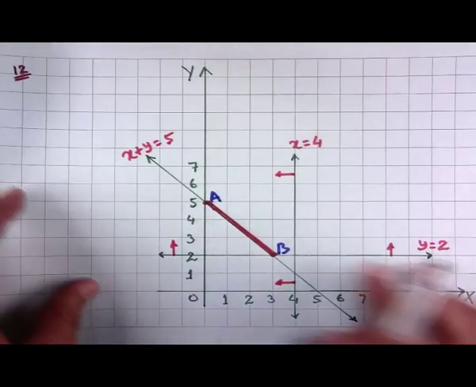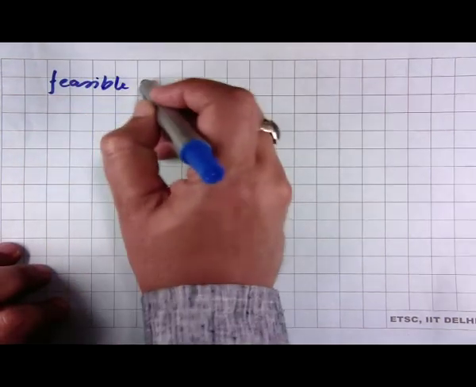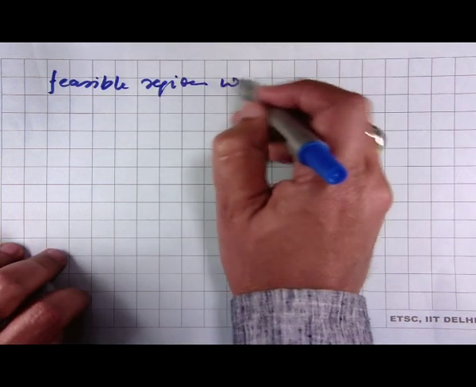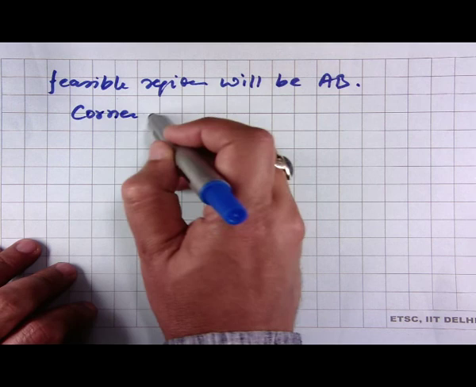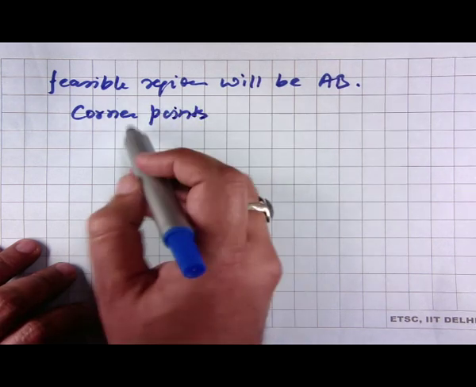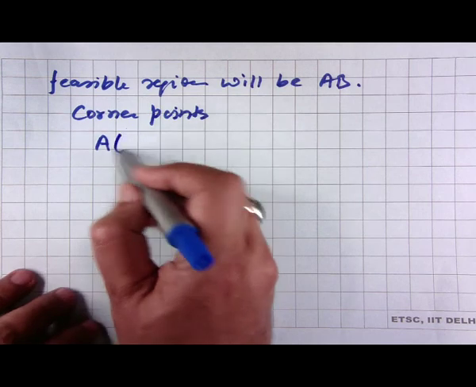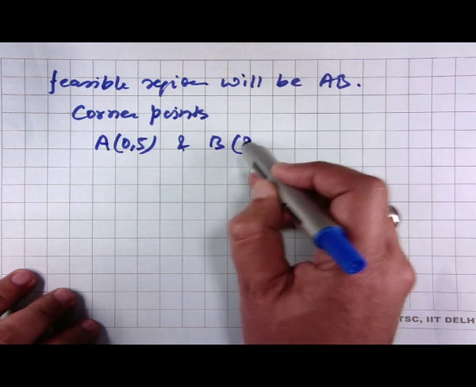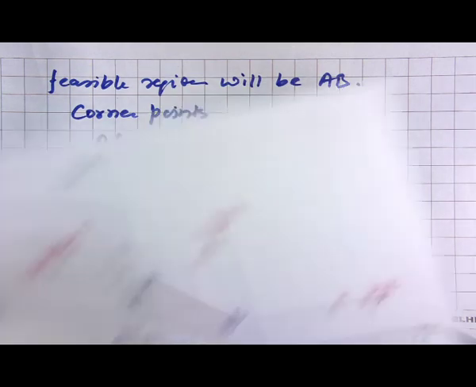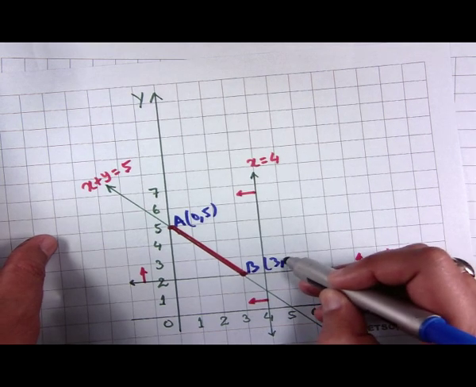So, the corner points of this feasible region are A(0,5) and B(3,2).